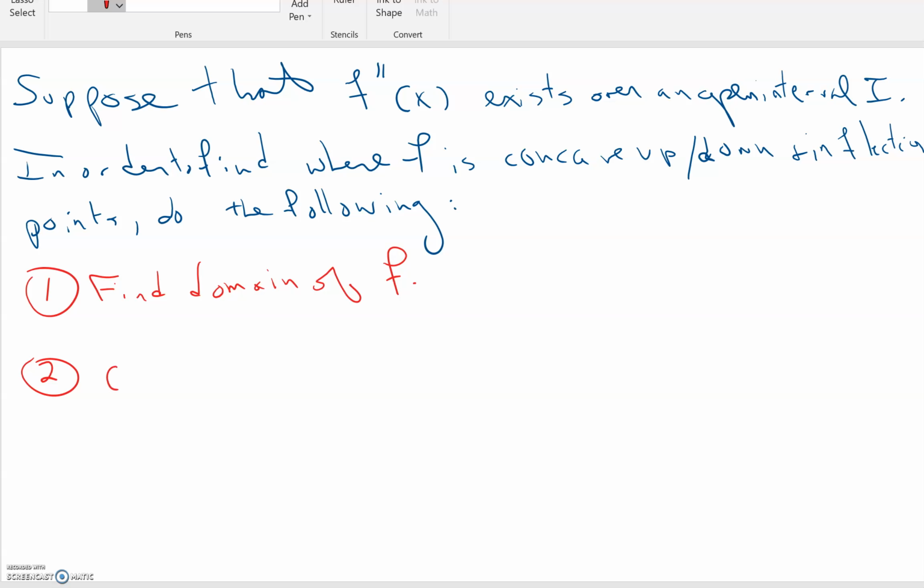Second thing is to calculate both f prime of x and f double prime of x, so the first and the second derivatives.